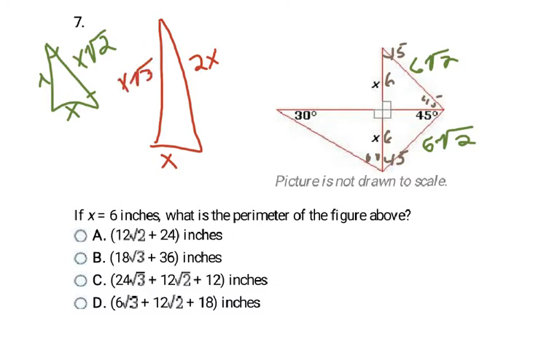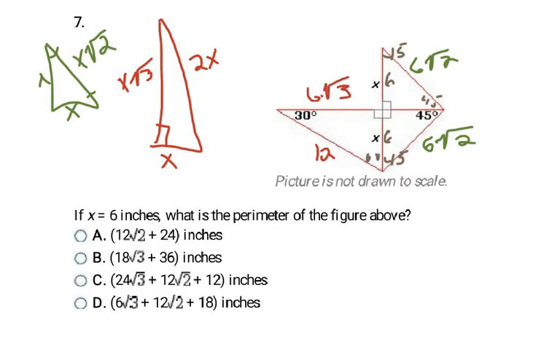And so that means to figure out my hypotenuse, I'm going to take 2 times my short side, or 2 times 6 here, which is 12. And then to find out my long side, I'm going to take the short side times square root of 3, which is 6 here, so it's going to be 6 square roots of 3.